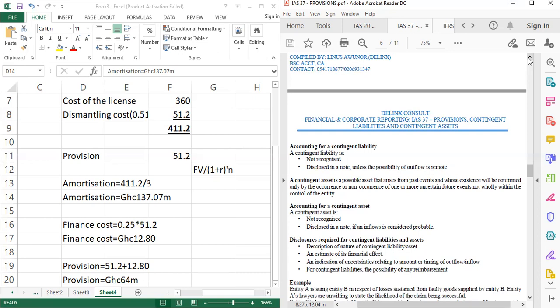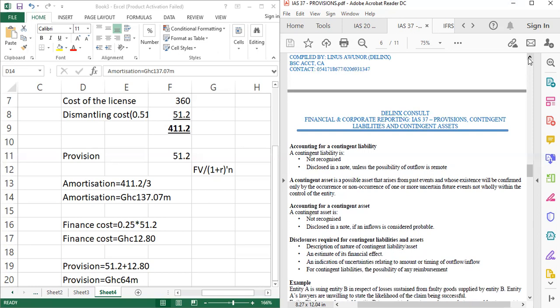So if you come to contingent liabilities or assets, we base our conditions for making provision on the estimate of the lawyer. If it is a contingent liability that you don't know how the case will be, you only make disclosure.